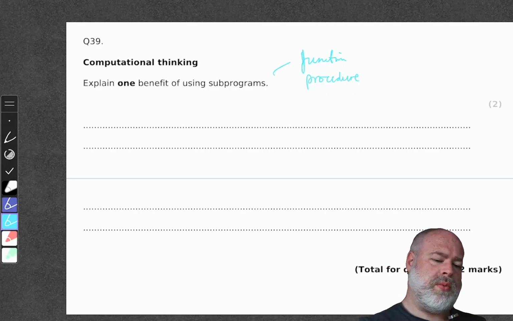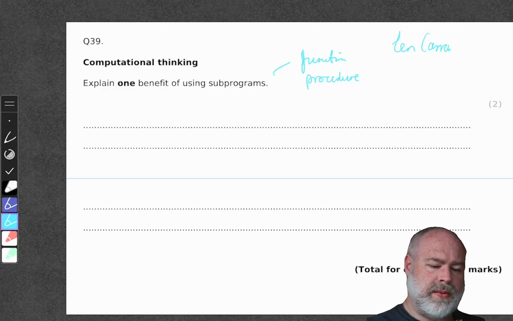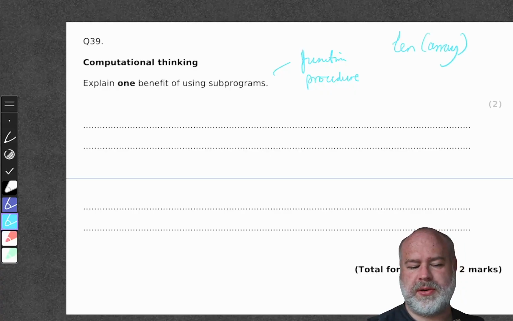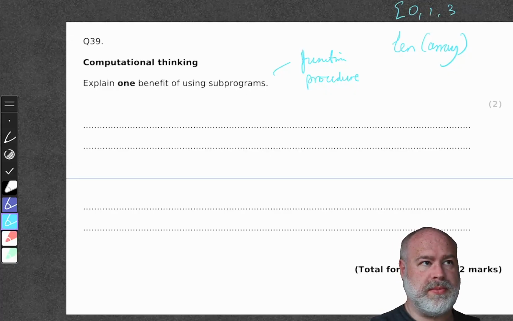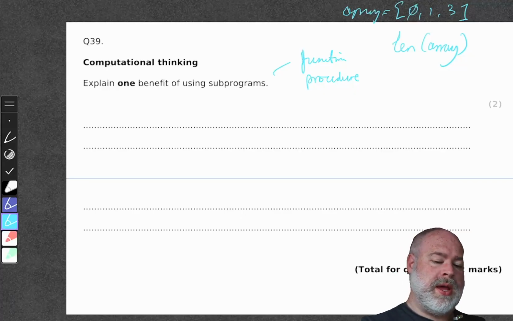Because we might have a function, let's say length of array, a built-in Python function, right? And that returns the length of an array. Let's say we've got some simple array, okay? And that would return 3, right? 0, 1, and 3 are in the array.